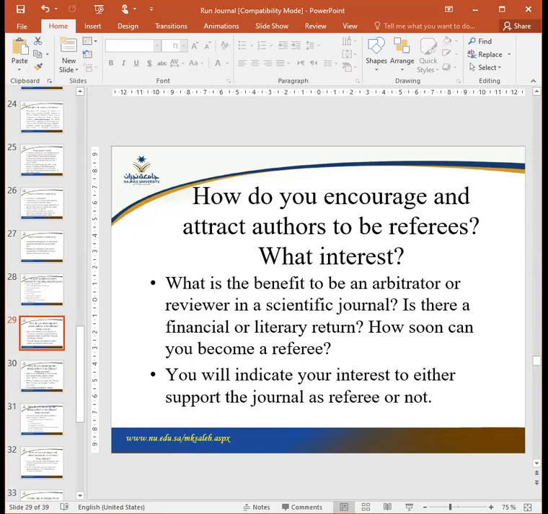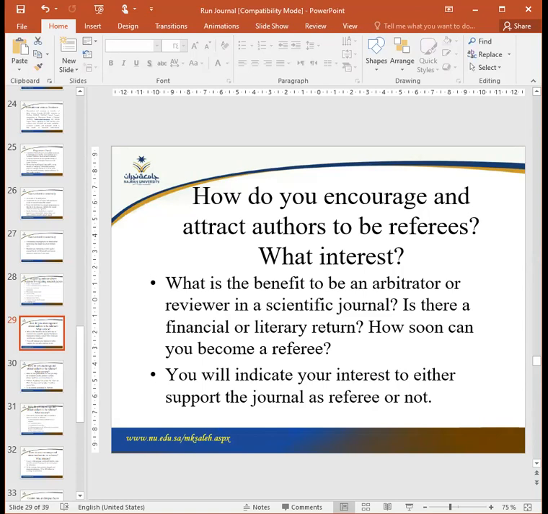So in this section, I will talk about the importance of, let's say, arbitration in a peer-reviewed scientific journal, which requires experience in publishing and scientific and objective criticism. Most of the time, when registering in a scientific journal as an author to publish a scientific paper, you will indicate your interest to either support the journal as a referee or not.